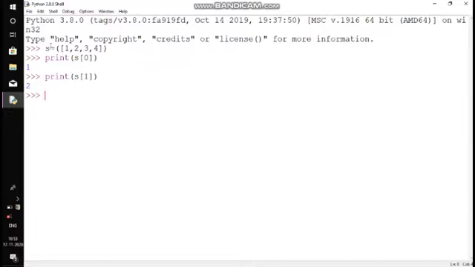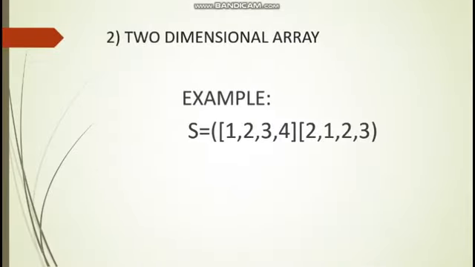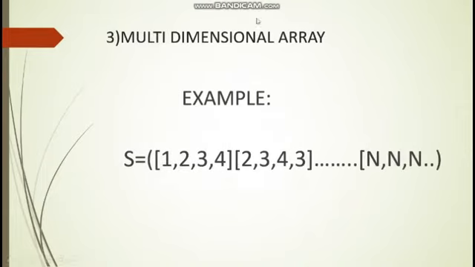So let's move on to the next type, that is the two-dimensional array. A two-dimensional array is the same as the first one, but it is differed by two different blocks. Here I forgot to close the square bracket. This is also called a multi-dimensional array.